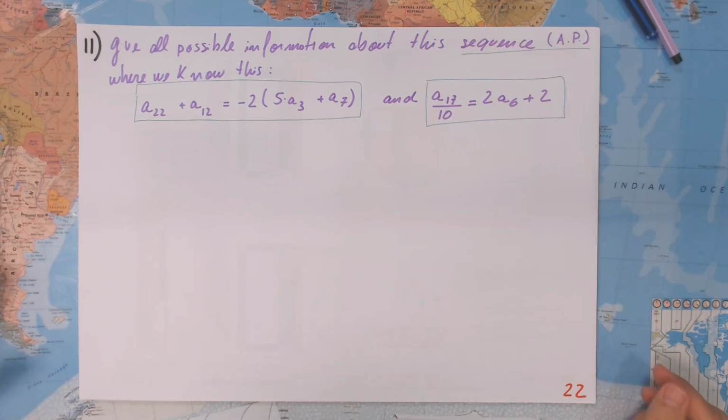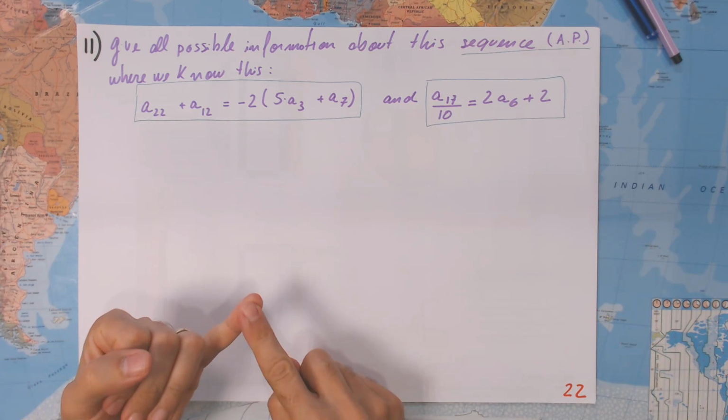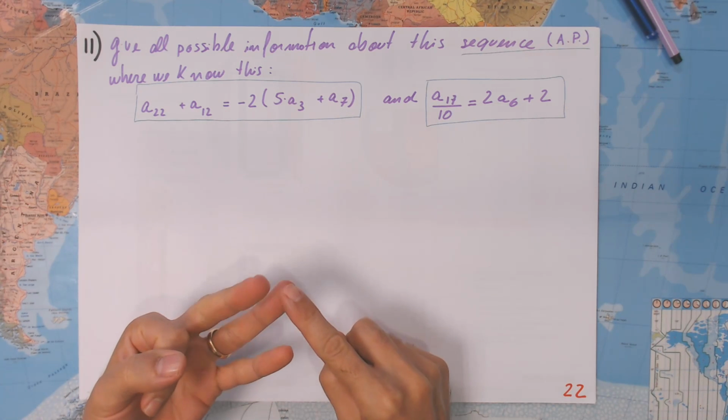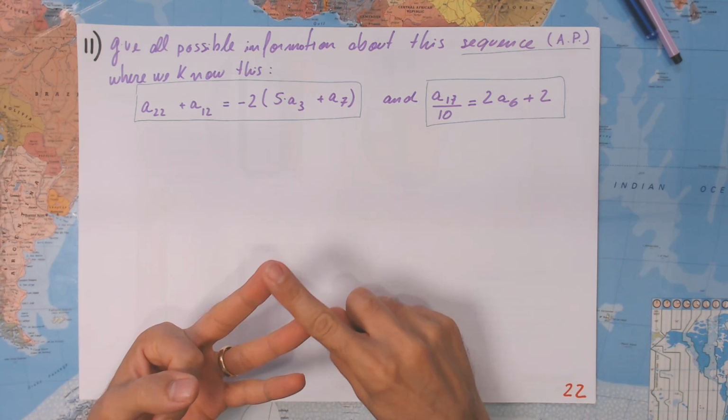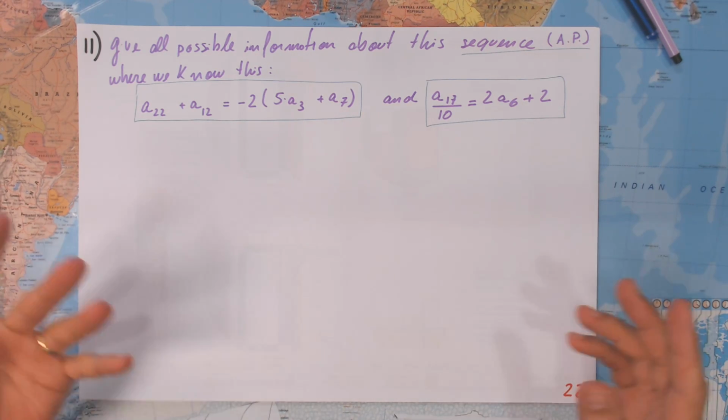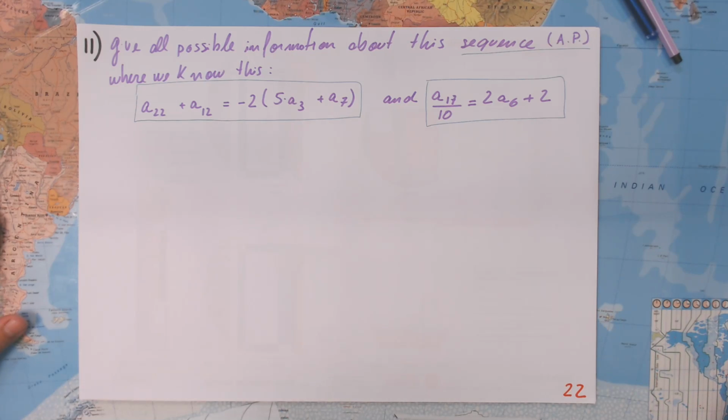Well, what should we do about it? We have to find the first term, we have to find the common difference, and we have to find the general formula to generate any term on this sequence.